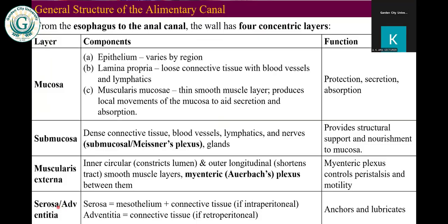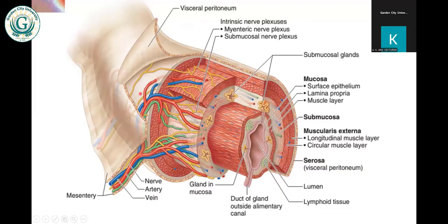Basically, the mucosa is made up of epithelium, underlying connective tissue we call the lamina propria, and a muscle layer that we call muscularis mucosa. And we said that this muscularis mucosa, when it contracts, helps in gut secretion.